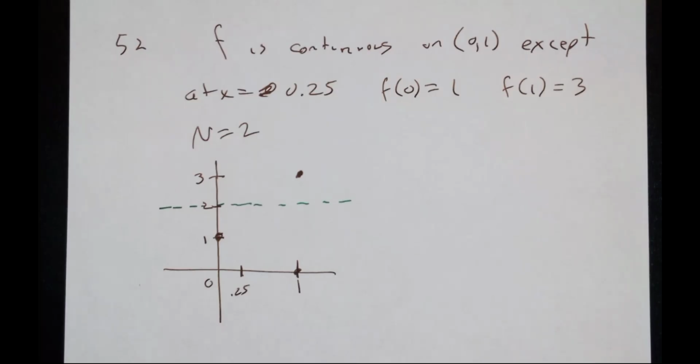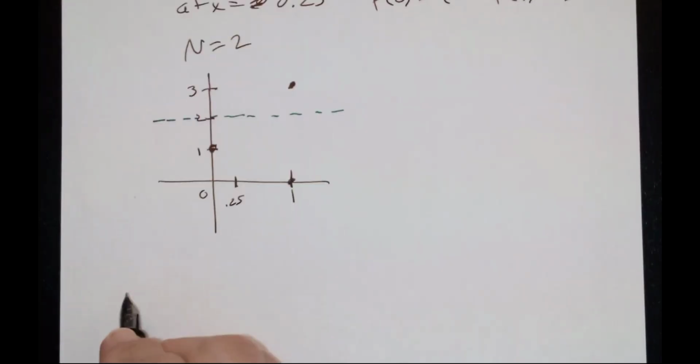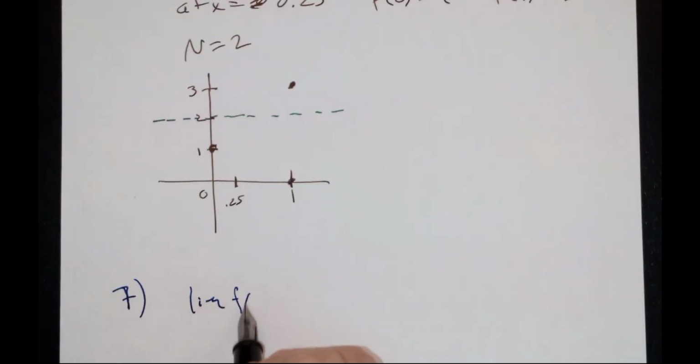Okay. So the whole idea is for us to try and fill in the graph based on what they tell me, right? So do you want to look at number 7 or number 5? Okay. Number 7 says, limit as x goes to 0 is infinity.